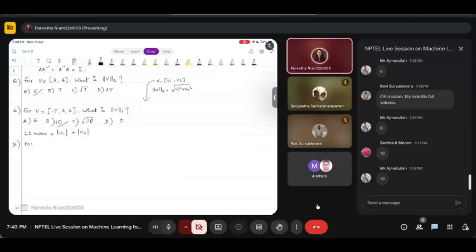So for the same V, what is the infinity norm?